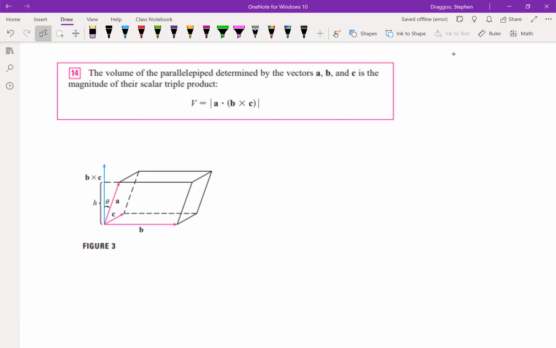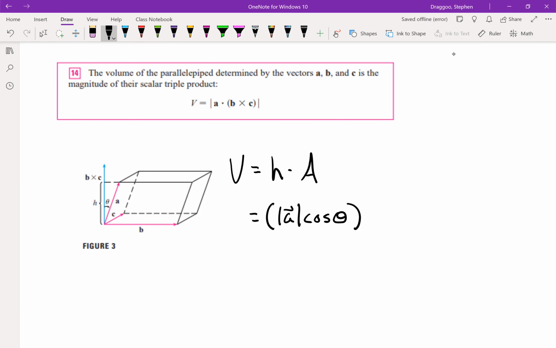And if we tried to look at its volume, it should be the height times the area, where here we know that the height, based on what we have written out, should be the magnitude of A times the cosine of theta. We can look at where that's coming from.